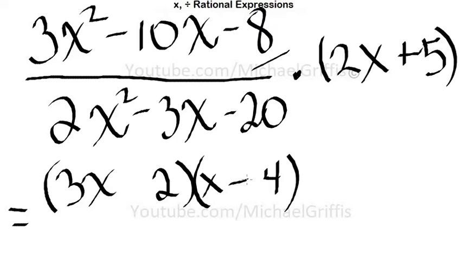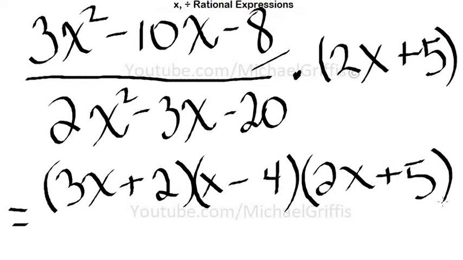Okay, I think that's it right there, right? 3x times negative 4 is negative 12. Negative 12 plus 2x is negative 10. Okay. We'll rewrite, since that's multiplication. Yeah, that should be it.